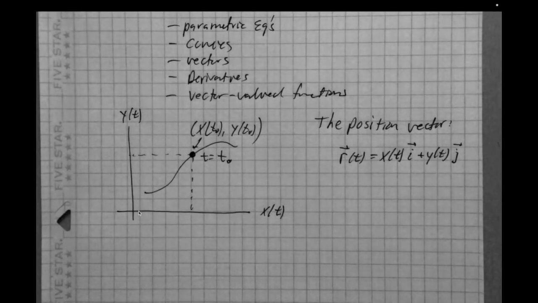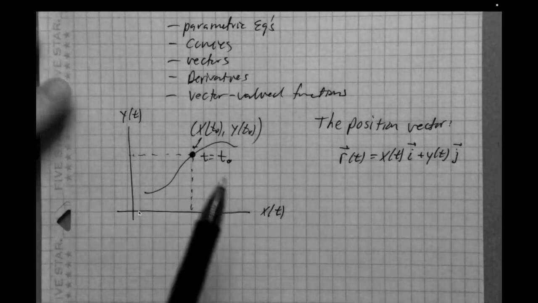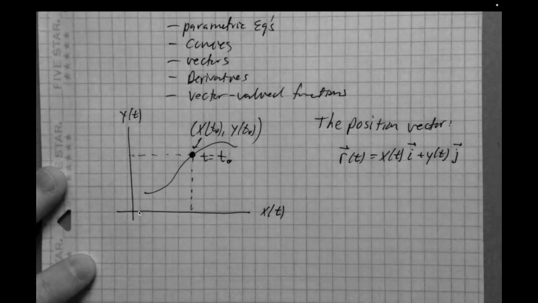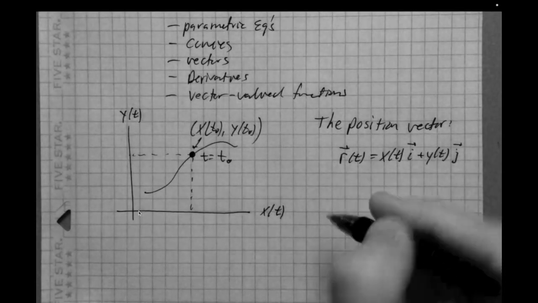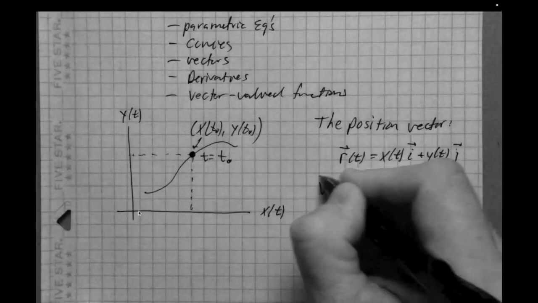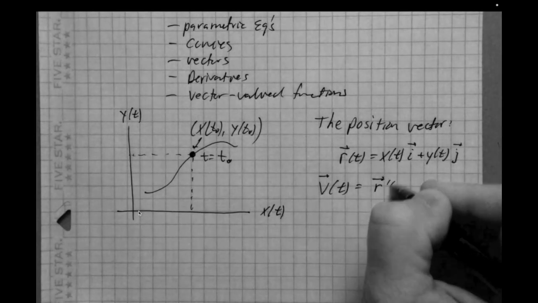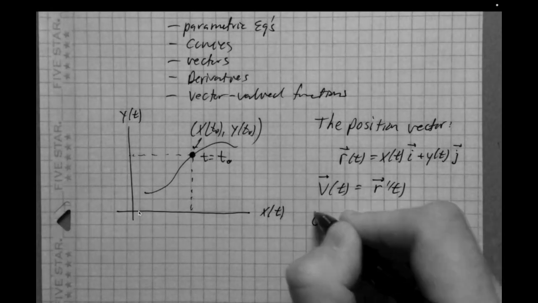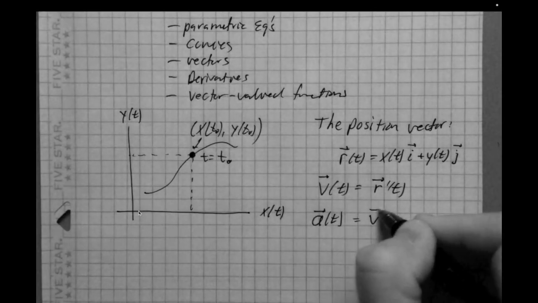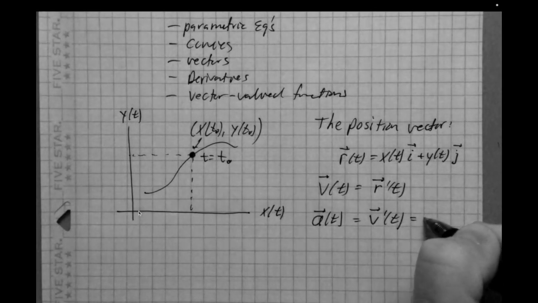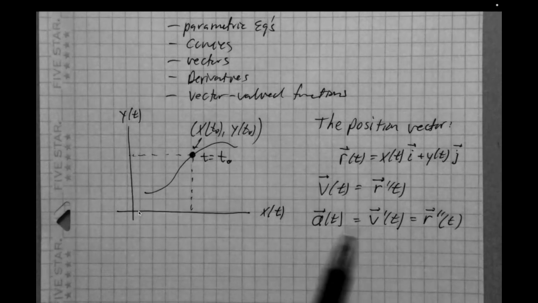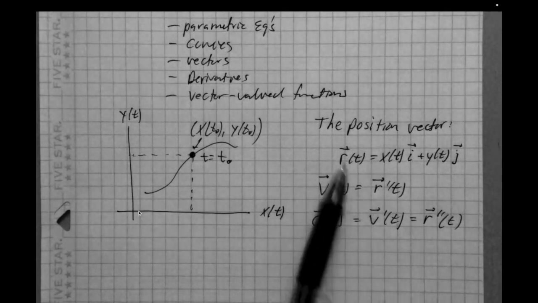Now, the beauty of this approach is that these two quantities, velocity and acceleration, can be quickly derived from this position vector. Velocity is just going to be the derivative of the position vector, and acceleration is going to be the derivative of the velocity vector. Another way to say that is it's the second derivative of the position vector. Hopefully this makes sense intuitively.